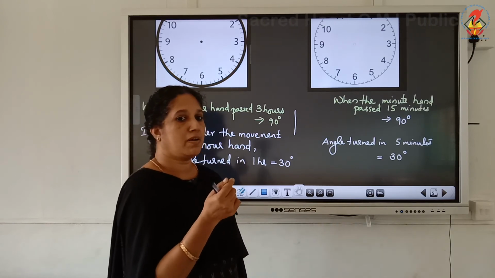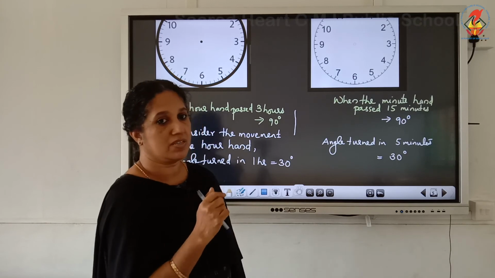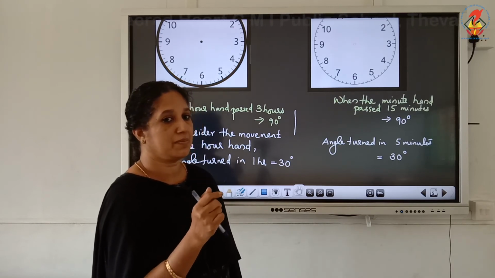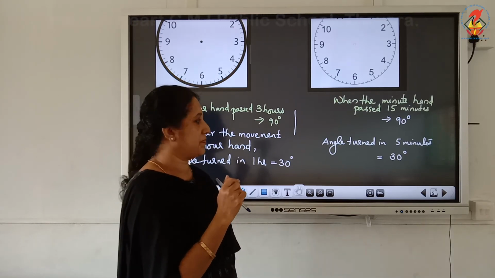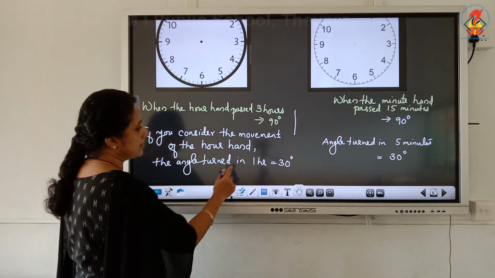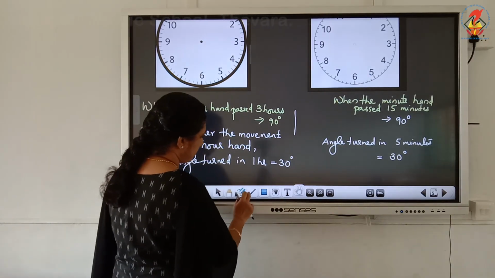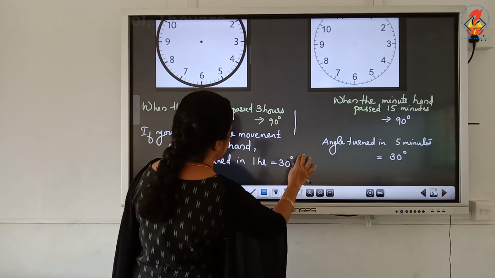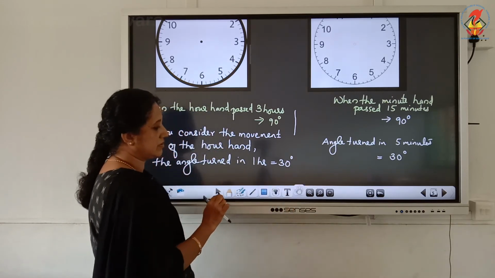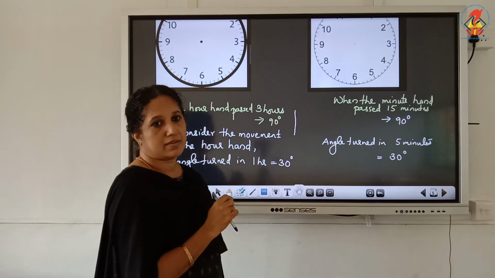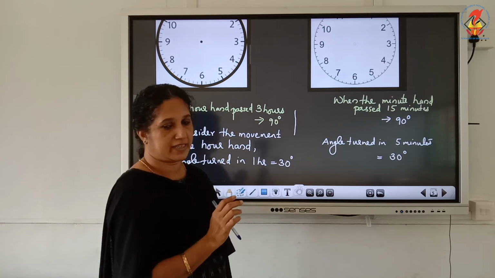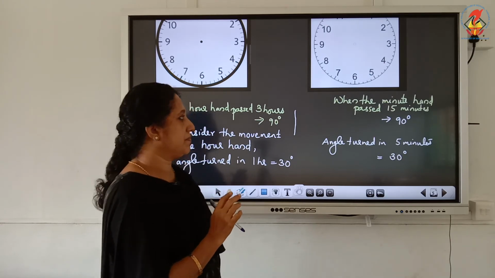And if the number of hours passed is 9 hours, the angle turned will be 270 degree. So the angle turned in 1 hour is 30 degree, and in 3 hours it will be 90 degree, a right angle turn.